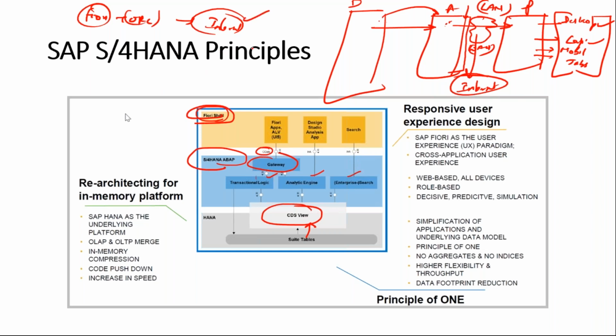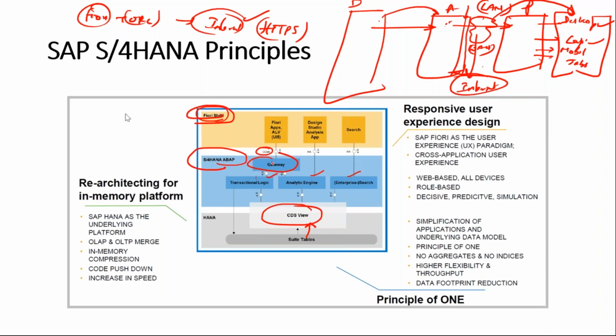The protocol is HTTPS, and when you have an HTTPS protocol, the data has to be converted into a format so that the internet, which is replacing my LAN, can communicate to all these devices. That is where the OData service, or open data protocol, helps in making this communication simpler and smoother.